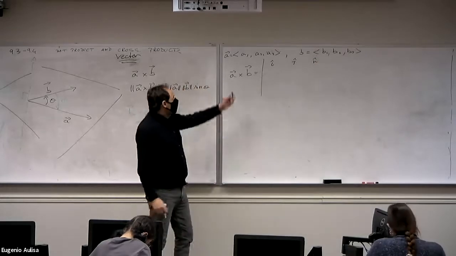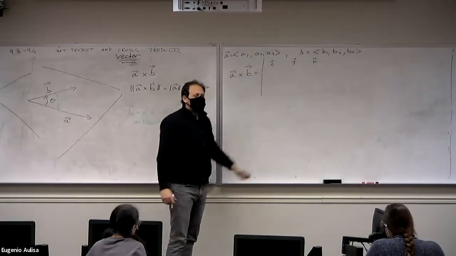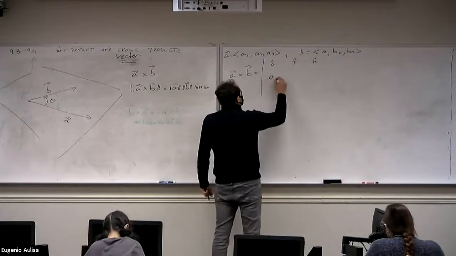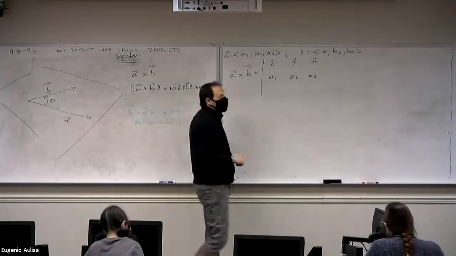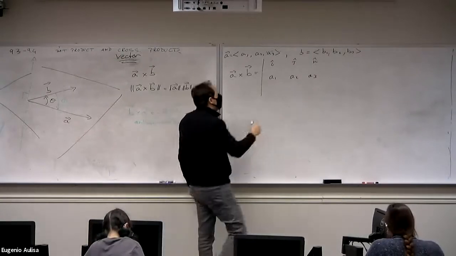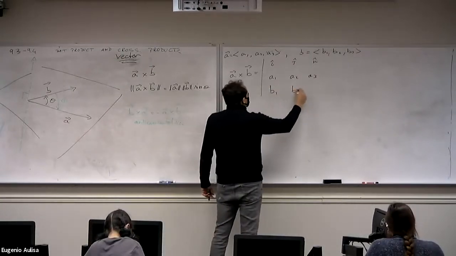On the second row, you have the components of the first vector, A1, A2, A3, and on the third row, you have B1, B2, B3.